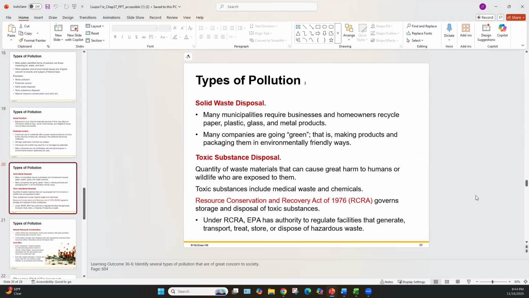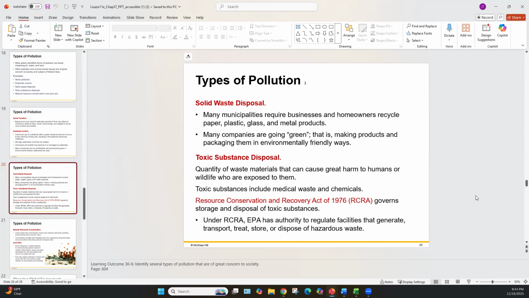Toxic substance disposal: quantity of waste materials that can cause great harm to humans or wildlife who are exposed to them. Toxic substances include medical waste and chemicals. Medical waste is a serious issue, and obviously chemical waste in some of these plants is a very big issue, right? Resource Conservation and Recovery Act of 1976, RCRA, governs storage and disposal of toxic substances.